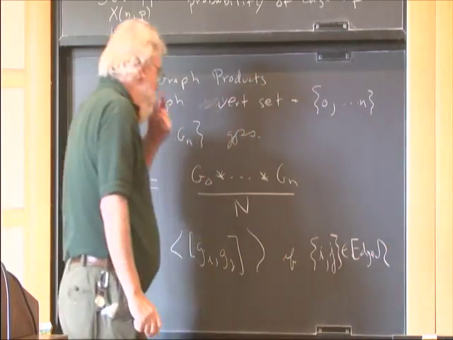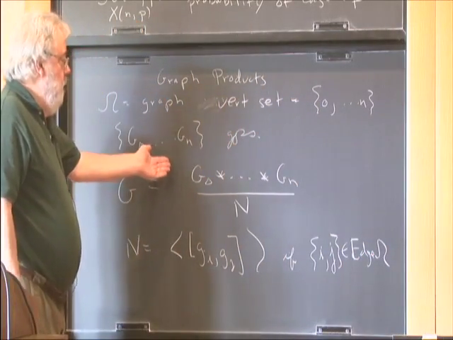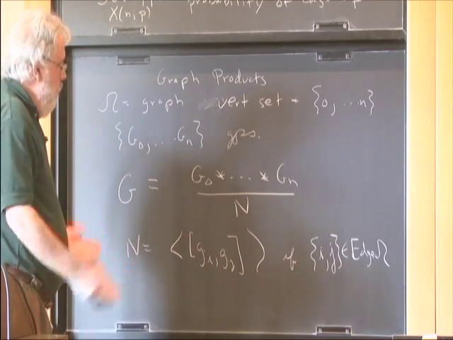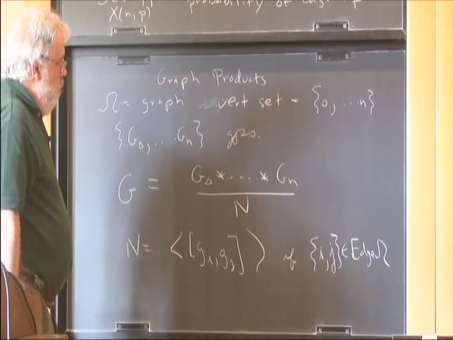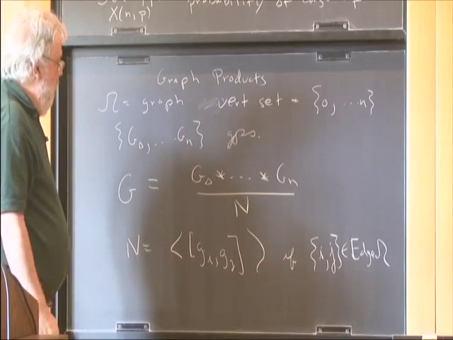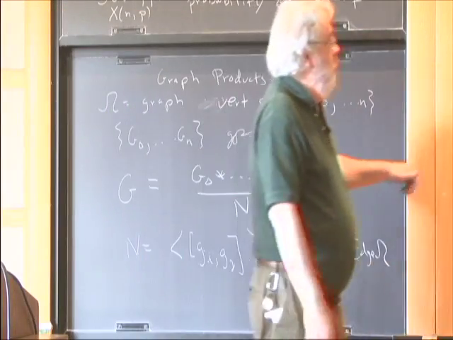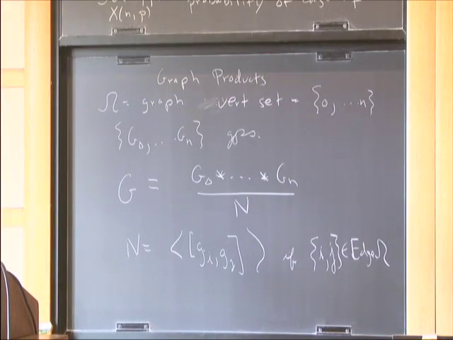So the graph tells you, basically you just take the free product of these things and then you make two factors commute by the edges determined by the graph. So there are two examples of that, maybe three.